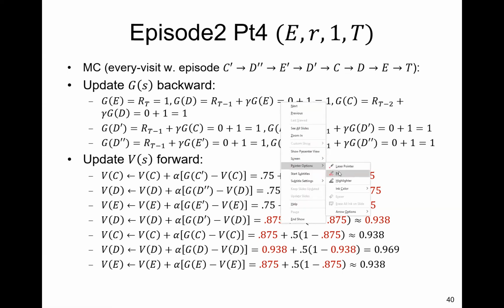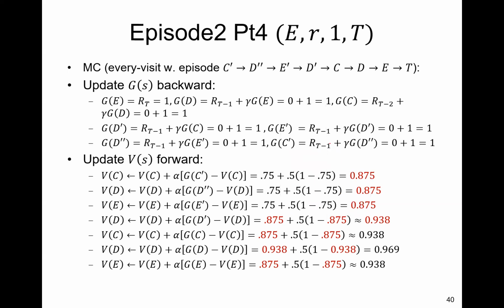Based on the algorithm, first you update the return values G backwards to be more efficient. So because the discount factor is 1, all the G's are 1. So all the returns from all the states are equal to 1.